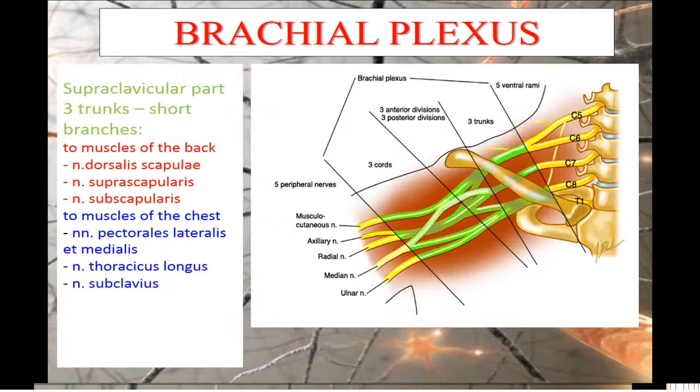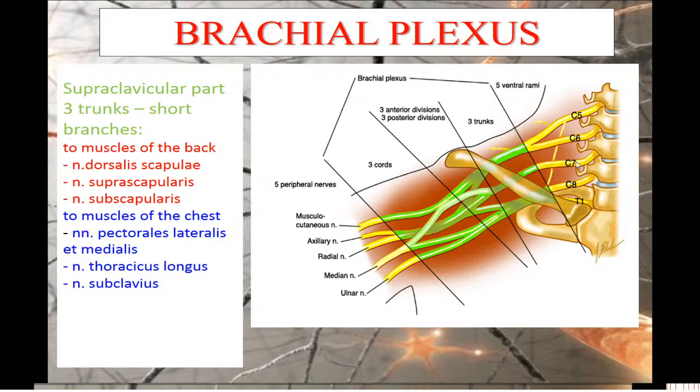These two topographical parts of the brachial plexus have some structural differences. The supraclavicular part of the brachial plexus is represented by three trunks. The superior trunk is formed by the anterior branches of the cervical 5th and cervical 6th spinal nerves.